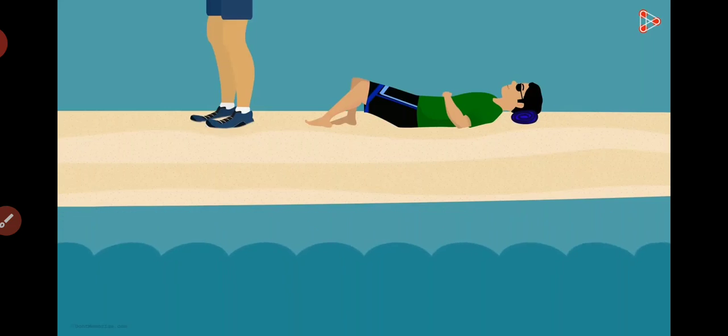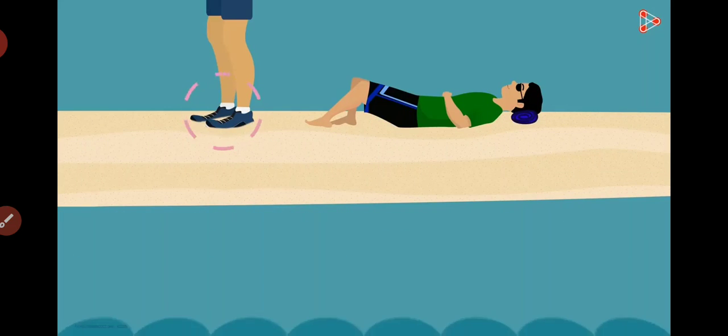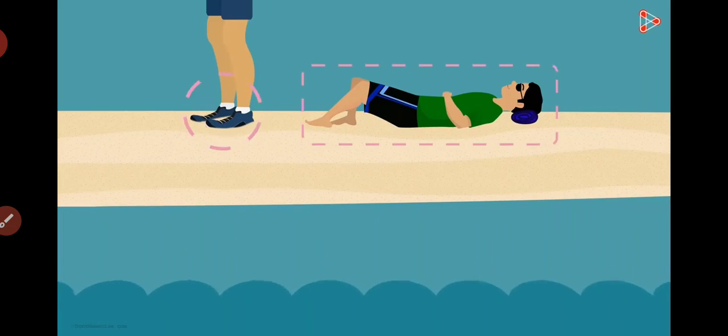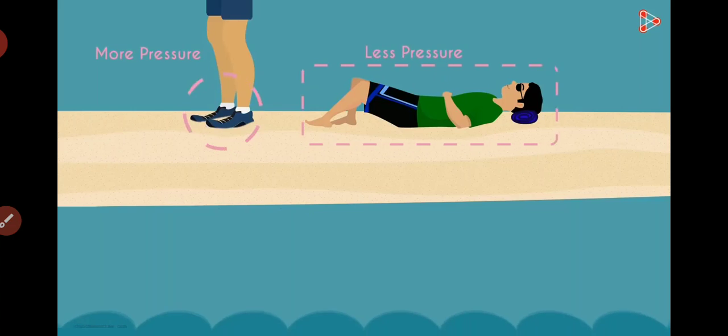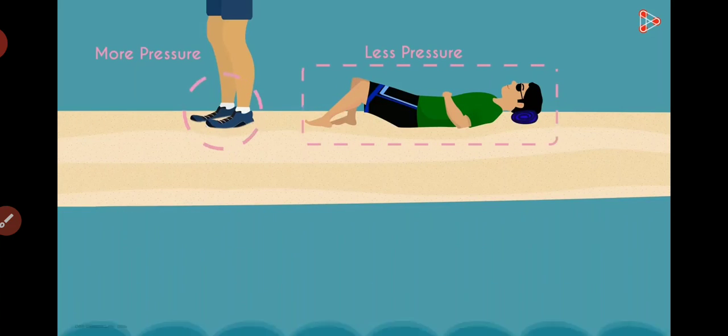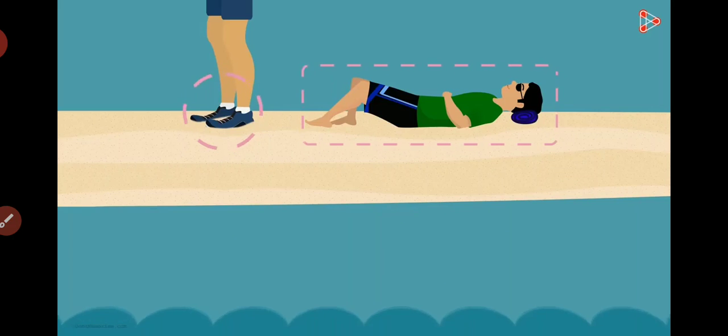In the second situation, the area on which your feet lie is lesser as compared to the area on which your entire body lies. And that's why the pressure is more when your feet are on the sand as compared to when your entire body lies on the sand, which explains why the depth here is more.